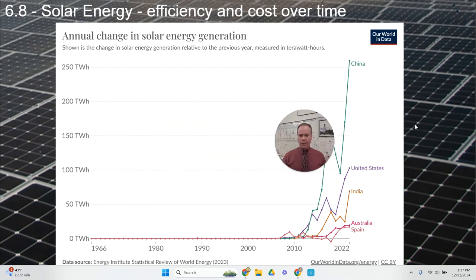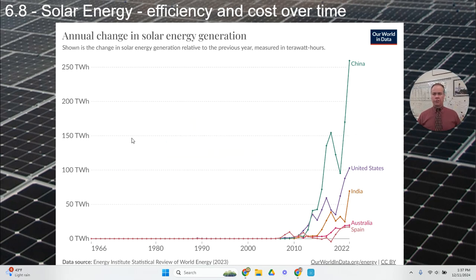And so with this change in efficiency there have also been major changes in the use of solar energy to generate electricity. And we can see for a long, long time, there was very little power generated by photovoltaics. But as we got into the mid-2000s and on, we see rapid increases, and we can see that shown in this graphic. You can see China has been ramping up installation of photovoltaics to support their economy.